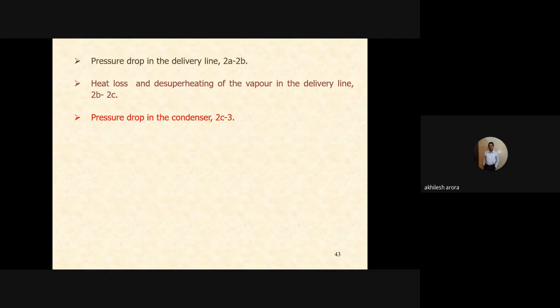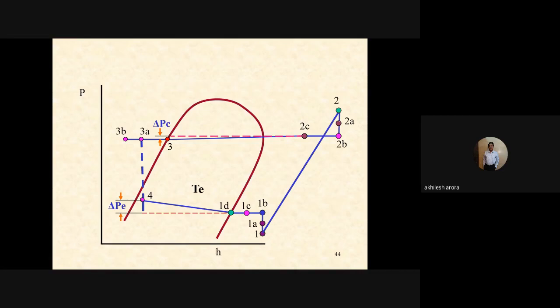Then pressure drop in the delivery line, heat loss and desuperheating of the vapor in the delivery line from 2B to 2C, and pressure drop in the condenser from 2C to 3. This is the desuperheating of the refrigerant vapor from 2B to 2C, and then there is pressure drop in the condenser.